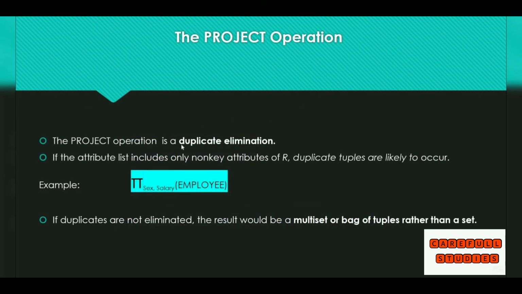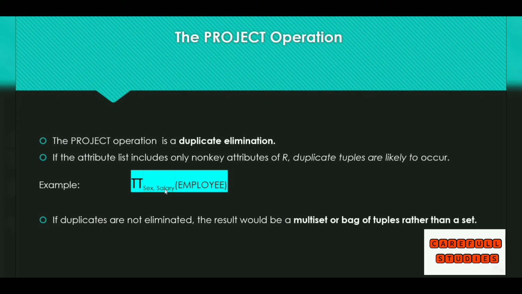The project operation eliminates duplicate values. When the attribute list includes only non-key attributes of the relation, some duplicates are likely to occur. Here the example is pi, sex, salary, employee. These two are non-primary key attributes, which means some duplicates are likely to occur.